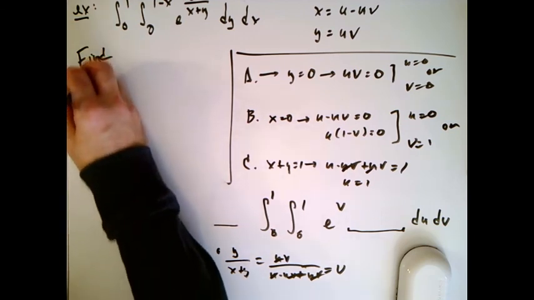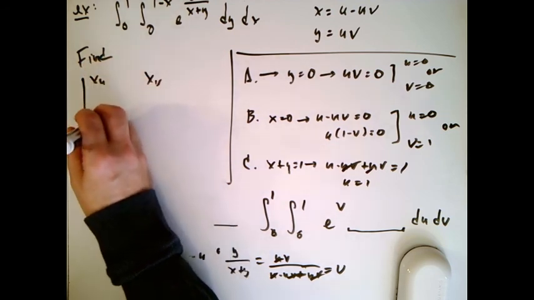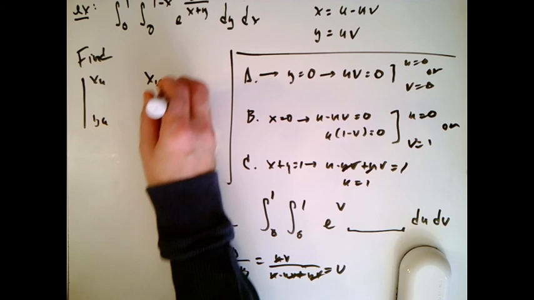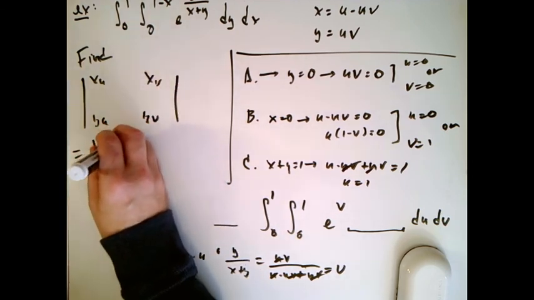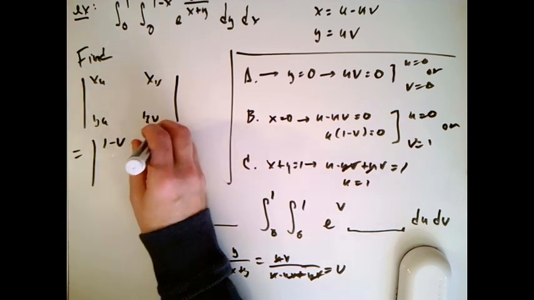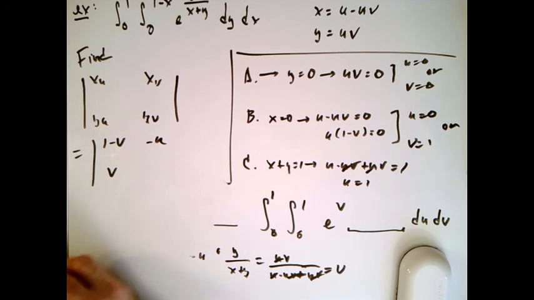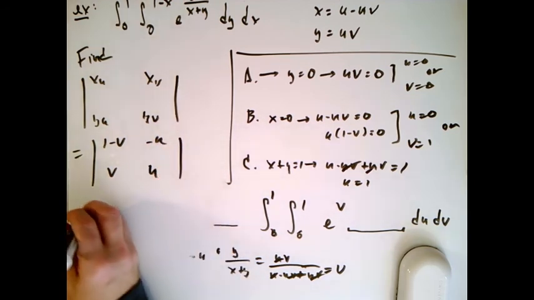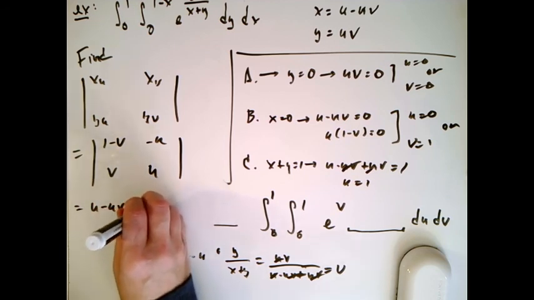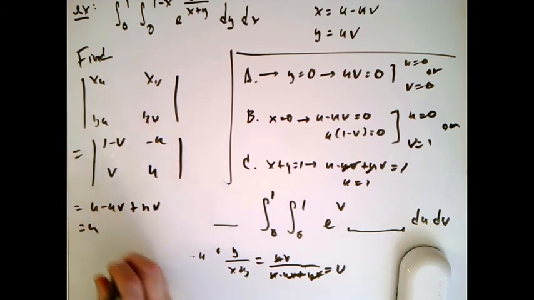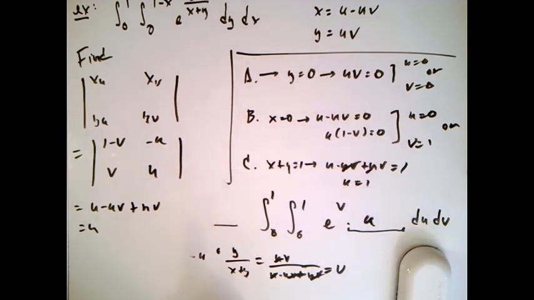So what we're going to do, we're supposed to find xu, xv, yu, yv, we'll find it first and then we'll give it a name. Xu is just 1 minus v. Xv is minus u. Yu is v. Yv is u. I take that determinant, I get u minus uv plus uv, and that's just u.